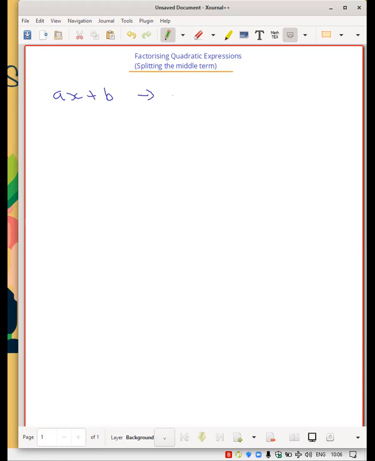Algebraic expression, yes. But we're not talking about the type of algebraic expression, as in what would this be called? This will be called a linear expression, right? Or a linear equation, if I say this is equal to 0.